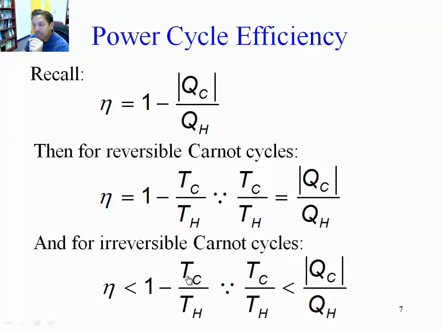And if that's the case, then since QC over QH is greater than TC over TH, that yields an efficiency that is always less than the efficiency of Carnot. So this is just a conclusion in the demonstration that the reversible Carnot cycle yields the maximum possible efficiency, larger than a real cycle.